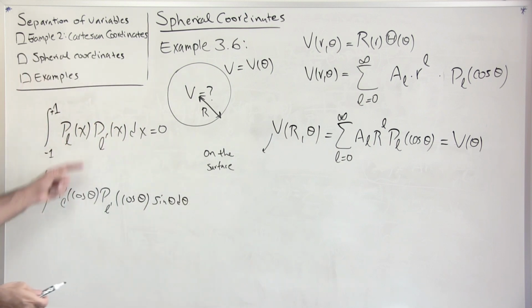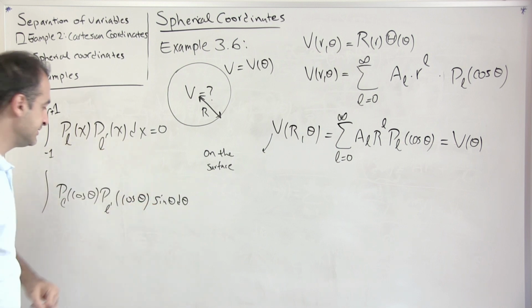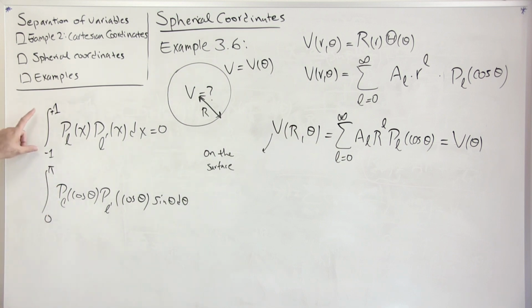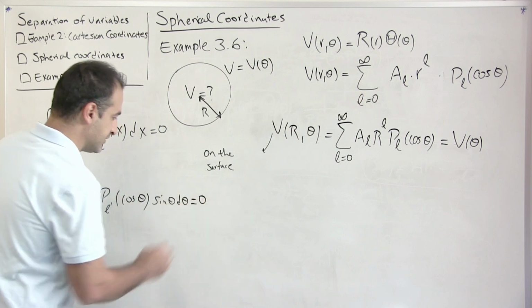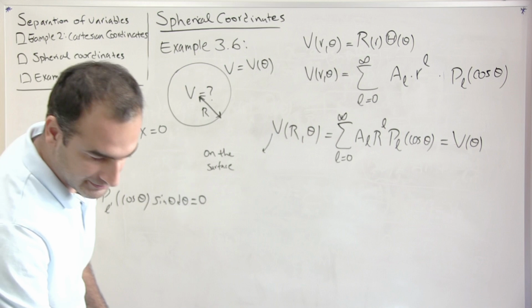Okay, so this is the change of variable. I change x to cosine theta, and dx becomes sine theta d theta from 0 to pi, which covers the limit of -1 to 1 for x. If we do this, it's going to be 0, unless L and L prime are the same.